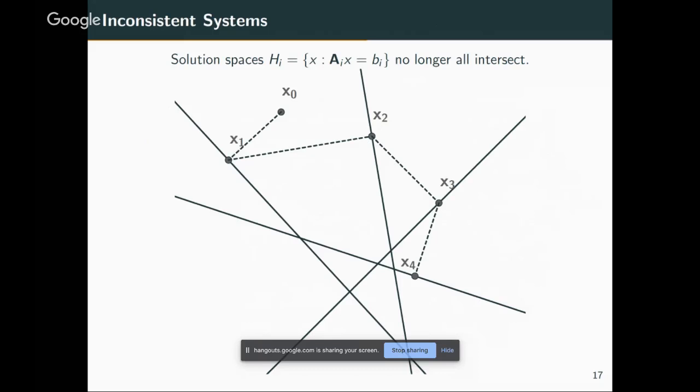However, once we approach the least squares solution, we start to bounce around quite a bit and we won't actually converge to the least squares solution. We'll only converge to within some convergence horizon of the least squares solution. And this is happening because at least one of these solution spaces doesn't intersect the least squares solution.